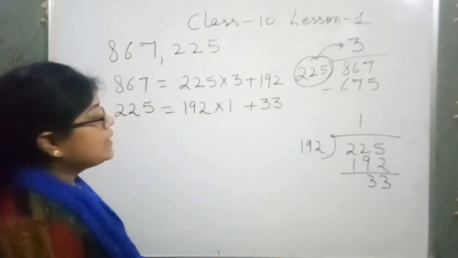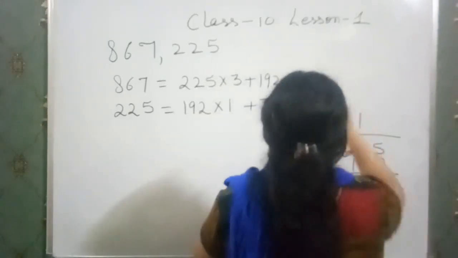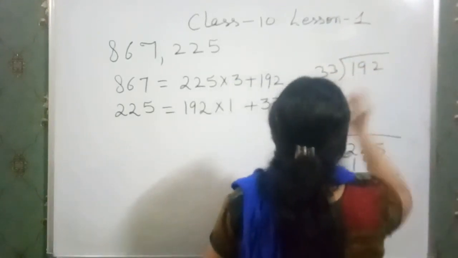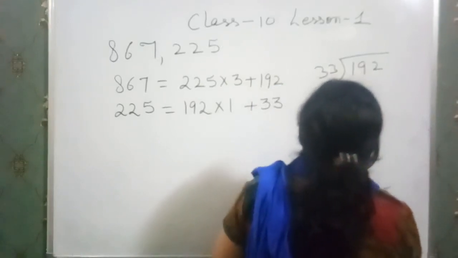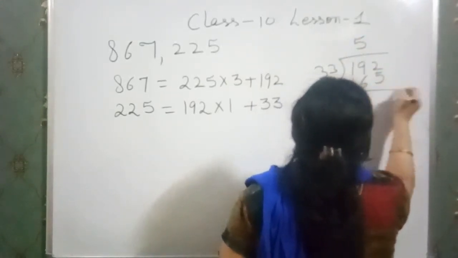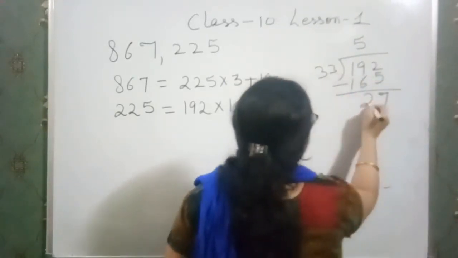Okay, now again the same process, just move it. 33, 192. Now 6, it is not gone, so 5, 3 5s are 15, 3 5s are 15, 1, 16, 12, 7, and it is 2.